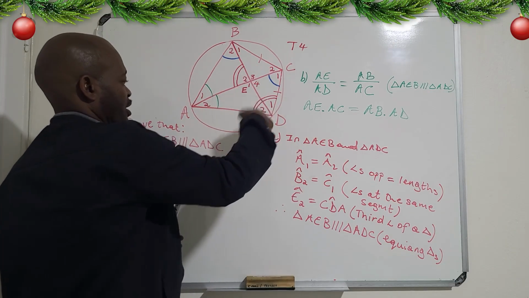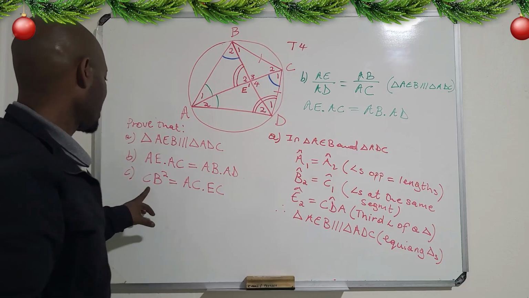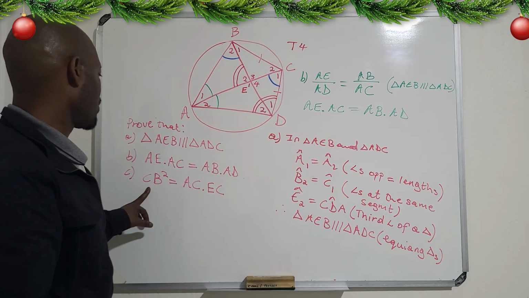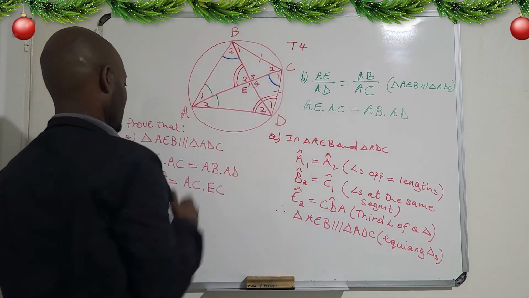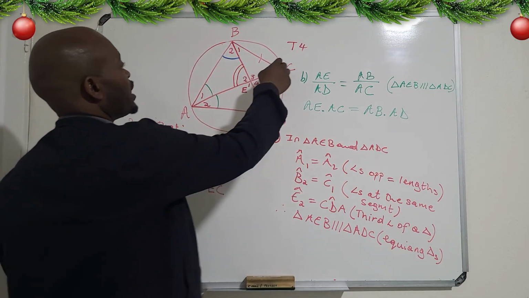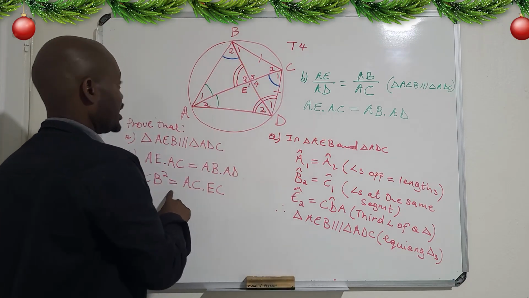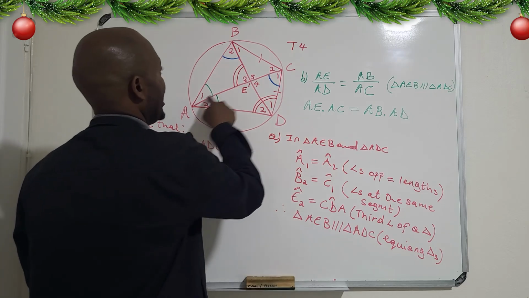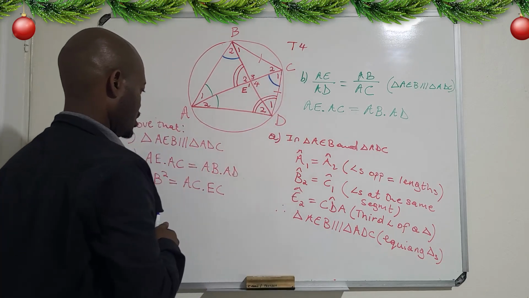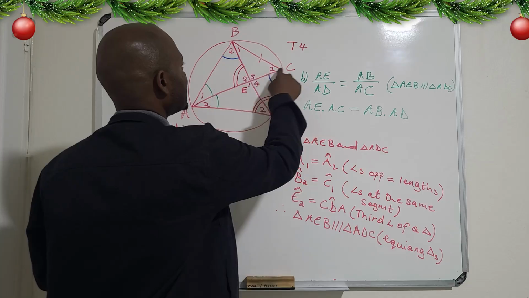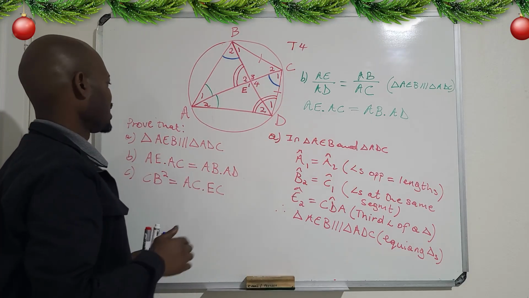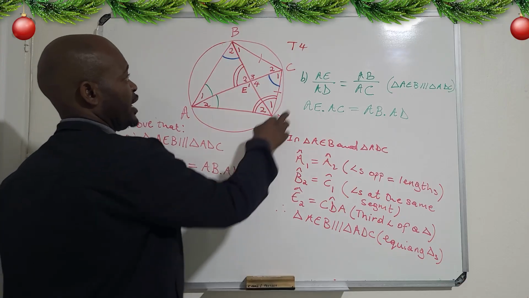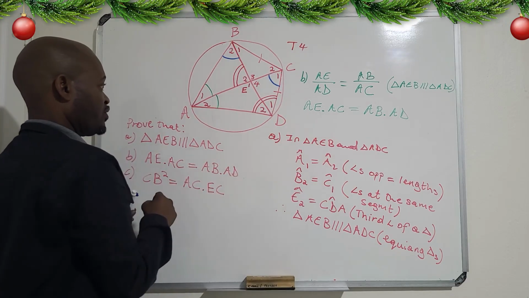So it is easy to set up your ratio if you have highlighted the angles which are the same. Now, they say to us we must prove that CB squared is equal to AC times EC. Now with this problem, which is C, this is A, there's our B, we've just proved it.